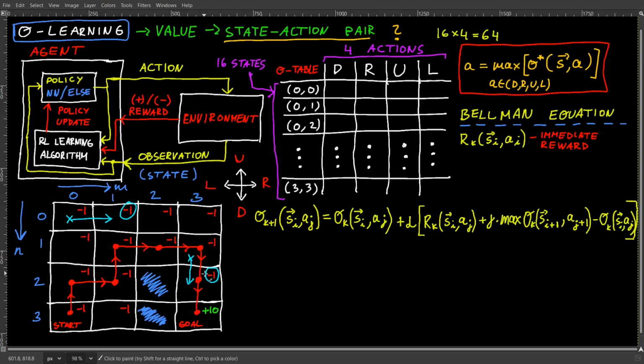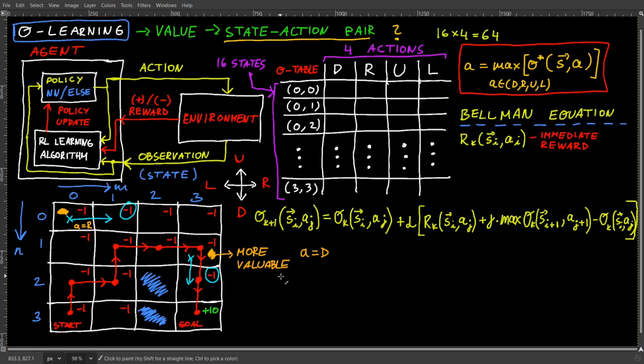However, logically thinking, this cell here should be more valuable than this cell here if in this cell my action is down and then here my action is right. And that's because this cell 1, 3 is much closer to the goal cell compared to the cell 0, 0.